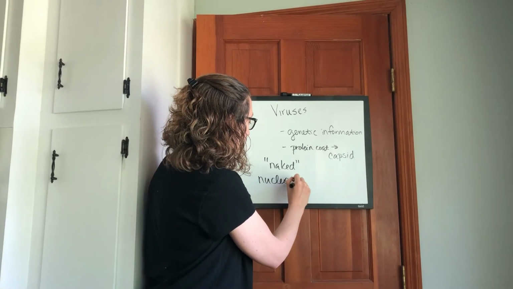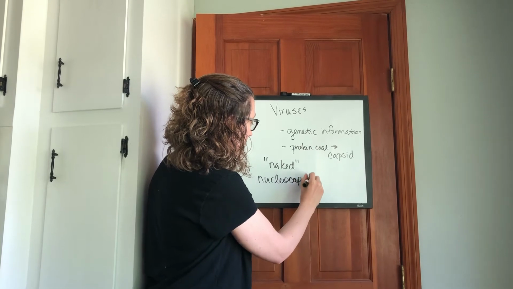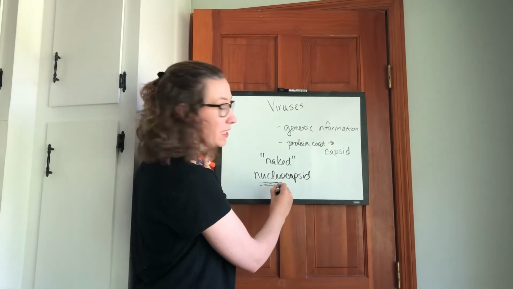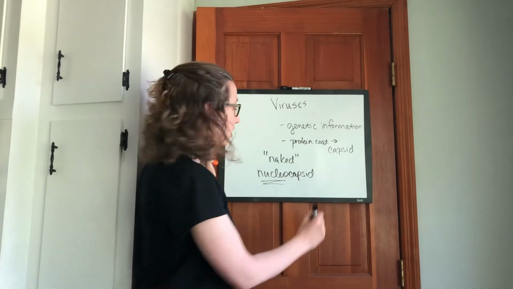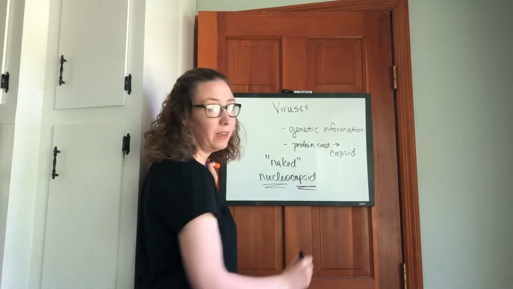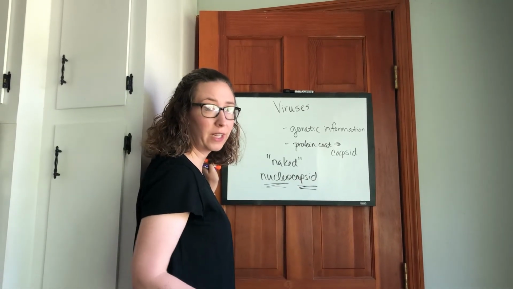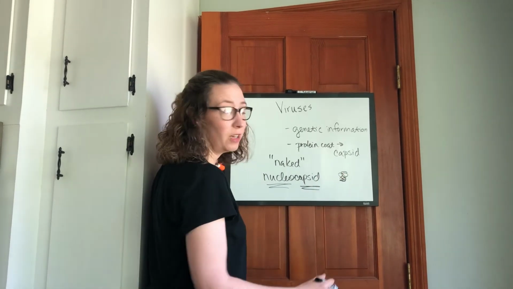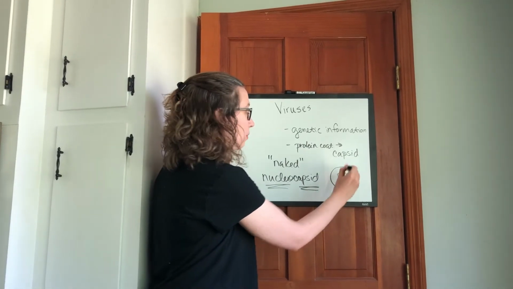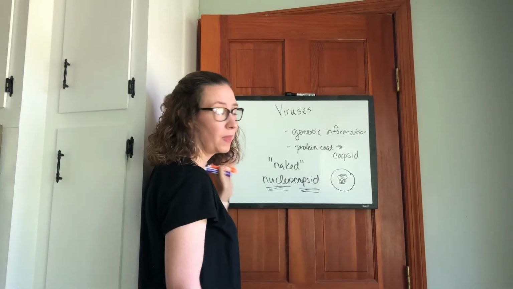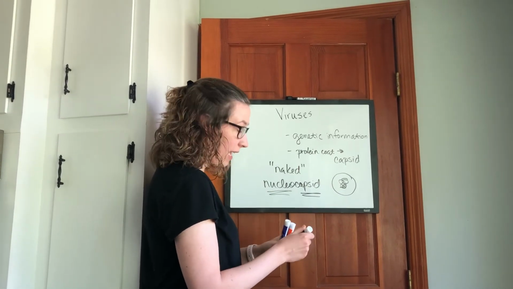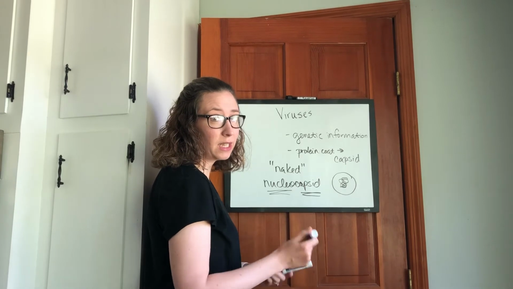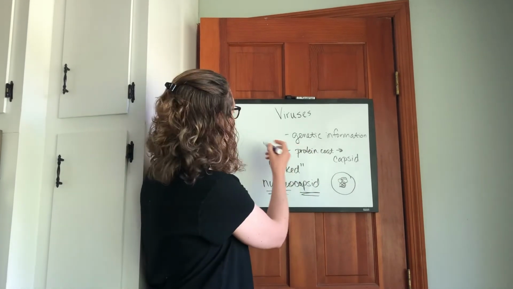And so you can sort of see in the name, we're going to have nucleic acids, that genetic information, and then we're going to have that protein coat, the capsid covering it. And so the most simple virus that we have would have some type of genetic information surrounded by a protein coat. Okay?